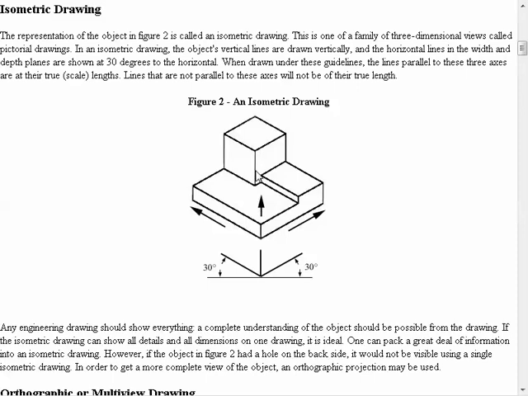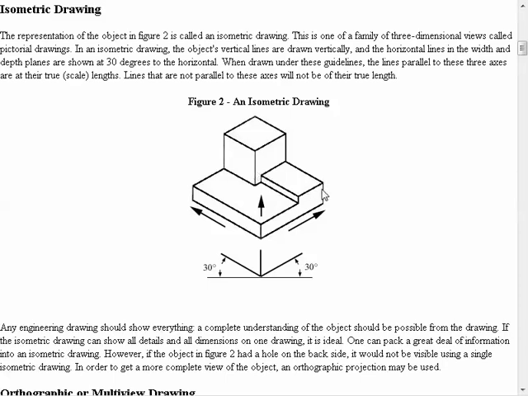And so all things vertical show up as vertical. Widths and lengths show up 90 degrees from each other, but really the angle between widths and lengths are not 90 degrees. They're greater than that on the page. And so this is one of several means of three-dimensional viewing called an isometric drawing.